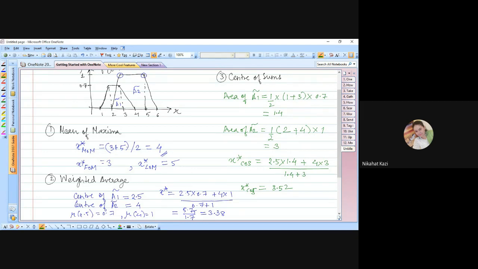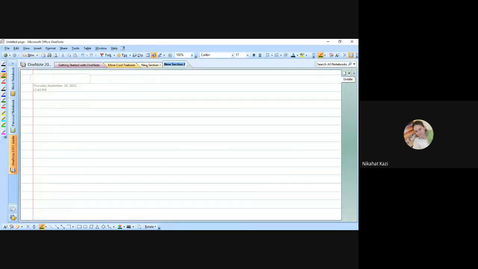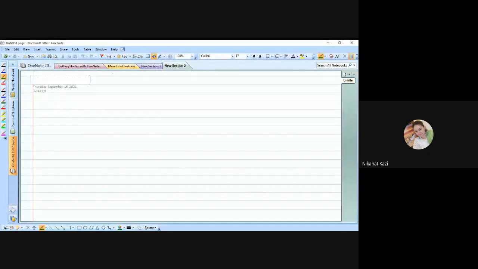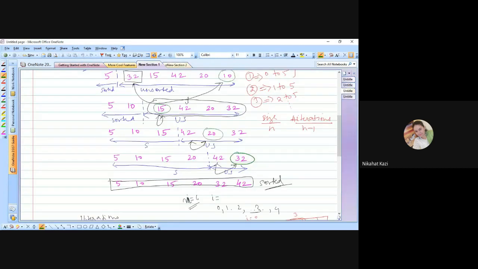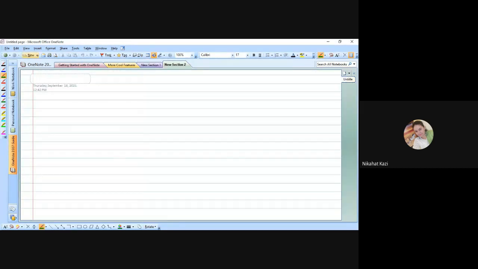Now coming to the difficult methods. Centroid method, center of gravity, right? So how will we apply center of gravity here?